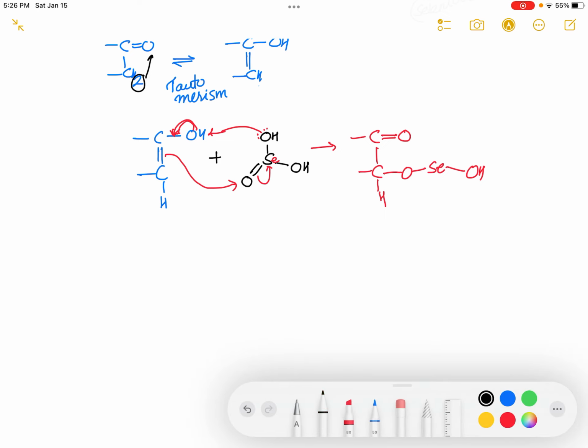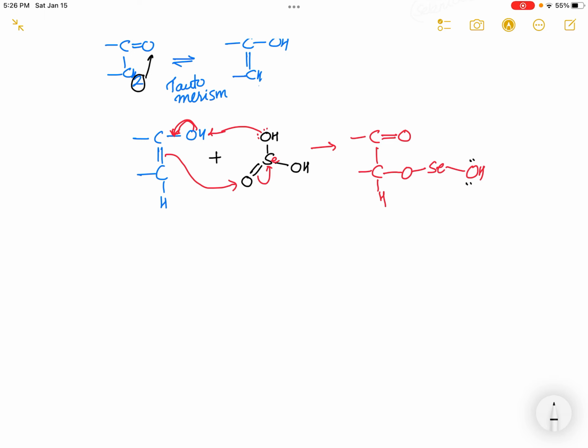See, this OH group and this proton are out, the selenium is out, and this is taking this proton. So minus water, minus selenium, and the part is converted to C=O, C=O.